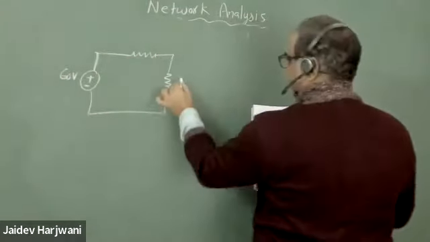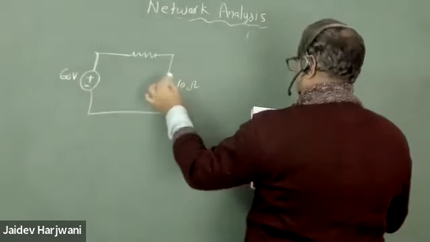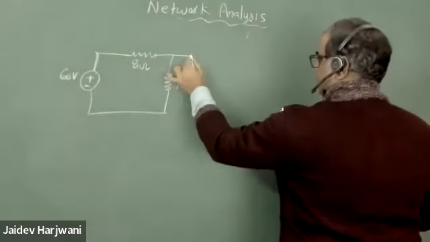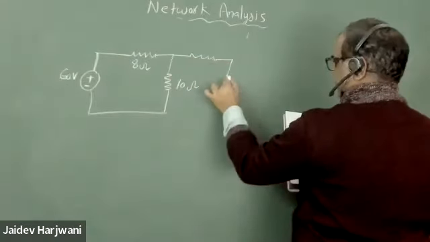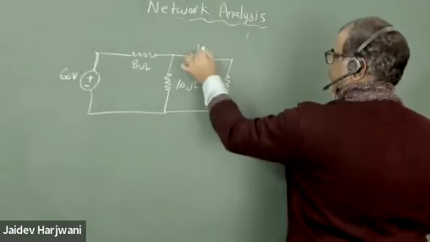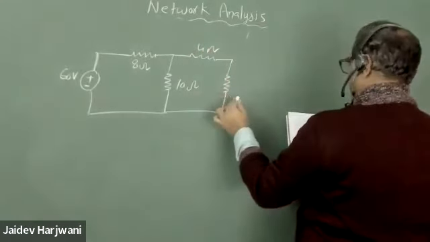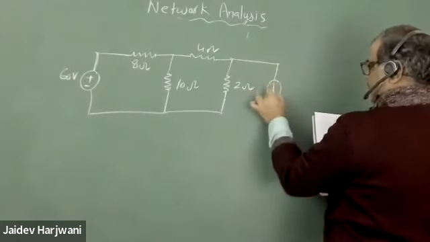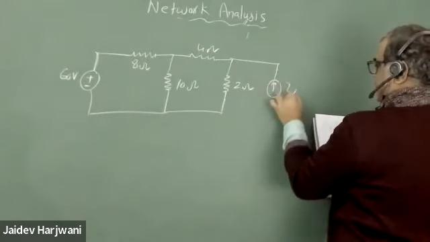You have 10 ohm here, 8 ohm here, and you have 4 ohm resistance here. You have one more 2 ohm resistance here, and then you have IX.